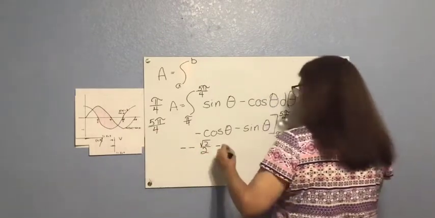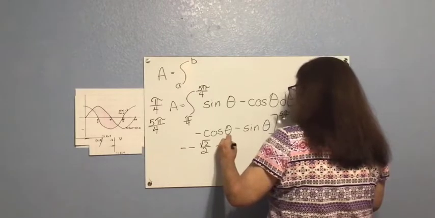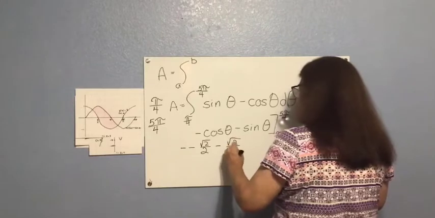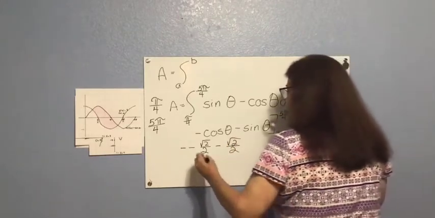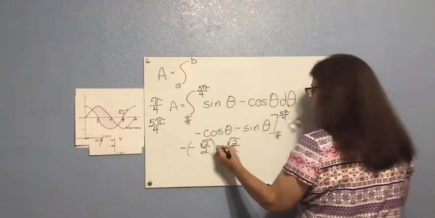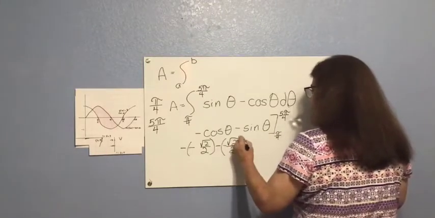Sine is also √2/2. And we were subtracting that, but it was also negative.